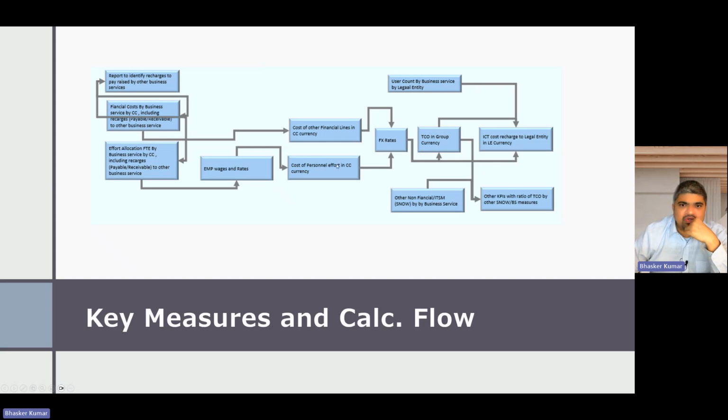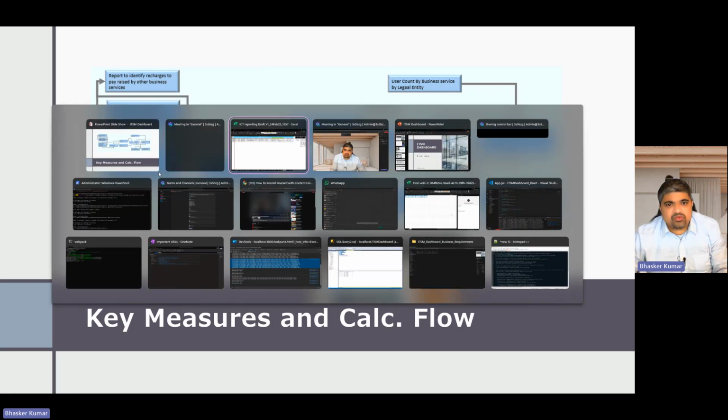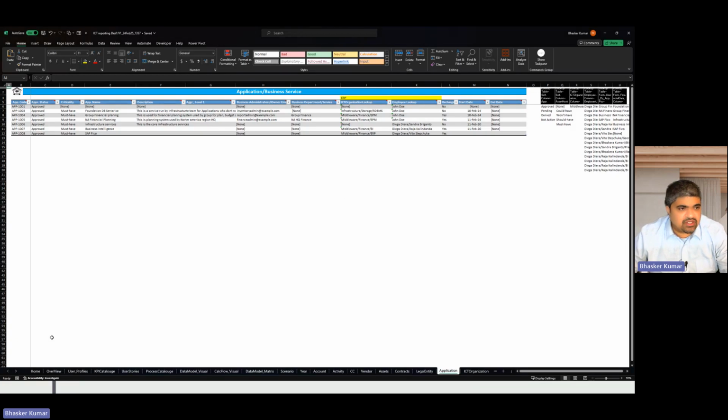Then the cost of the personnel is calculated based on their effort, and then based on that, with the FX rates, TCO is calculated. Once TCO is calculated, you can use that ratio to slice and dice and get different KPIs. What I mean here is, let me go to the model, it will be more visible there.